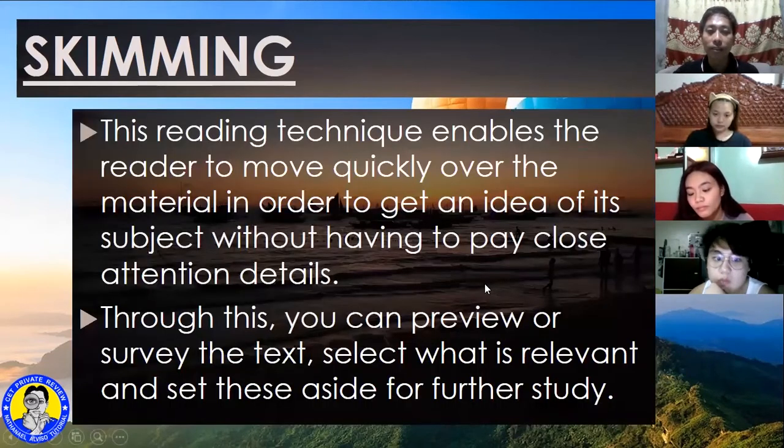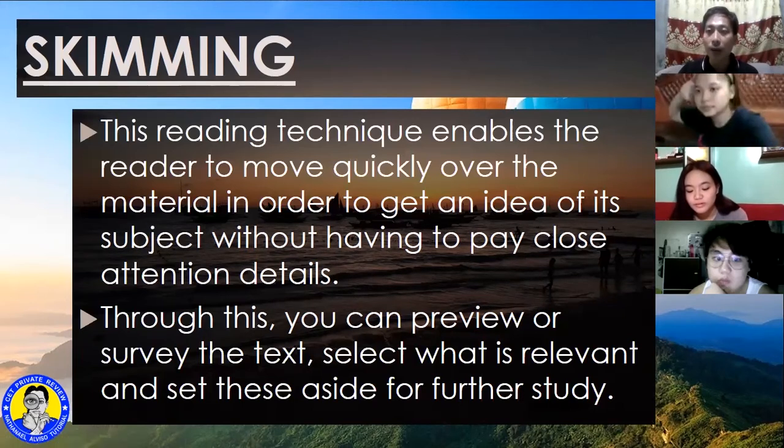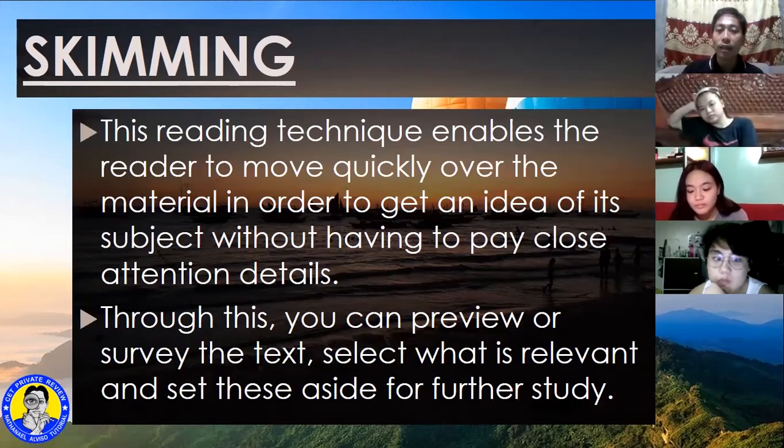Skimming is a reading technique that enables the reader to move quickly over the material in order to get an idea of its subject without having to pay close attention to details. So you will just skim over the passage quickly, not really paying attention to the details, because you want to go to the question part so you can know what you need to look for.